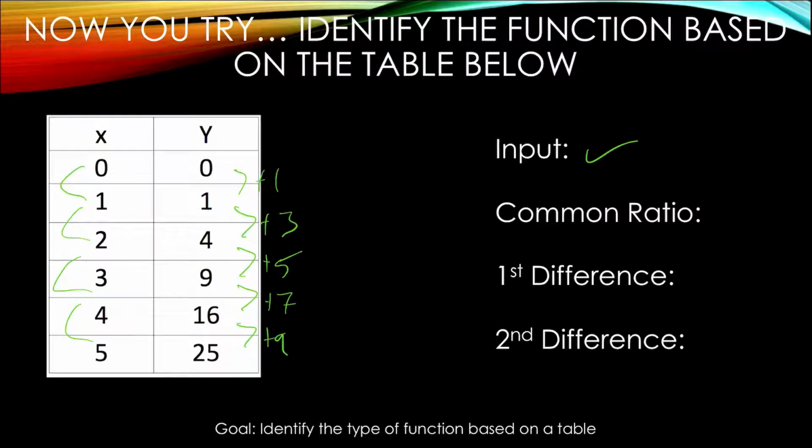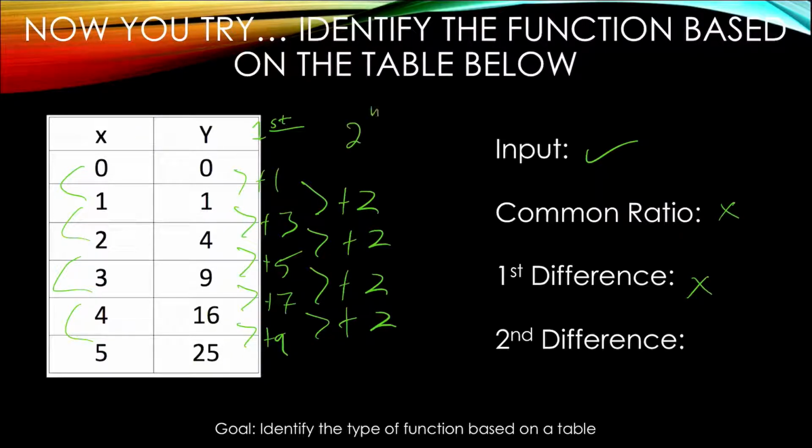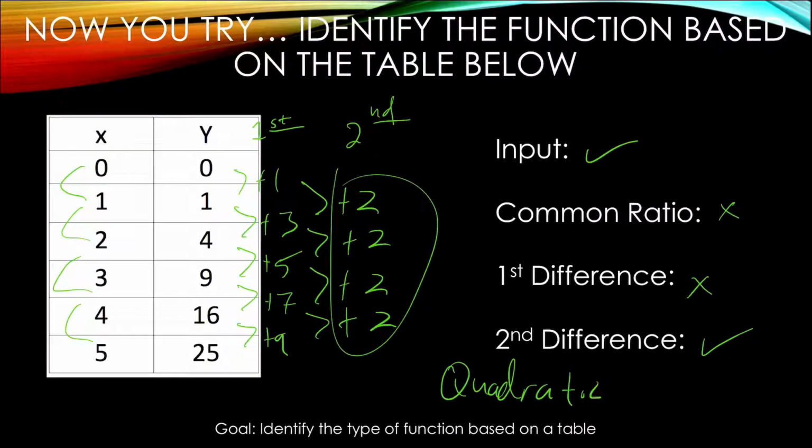Nope. So that's my first difference. So don't have that. Second difference. Plus 2, plus 2. It's looking good. My second difference is all the same. So we know that this is quadratic.